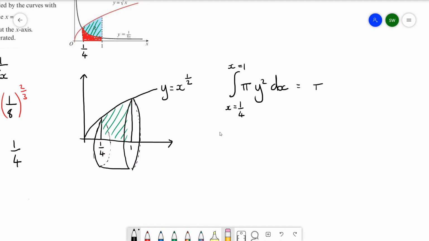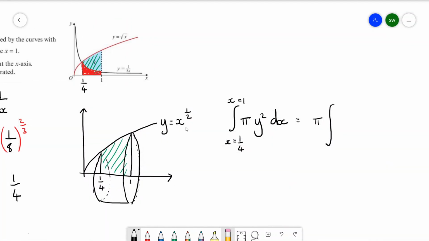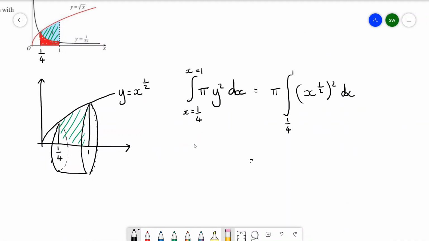So we can take the pi outside of the integral and sub in our y value. It's really important that you use the correct y function because the edge of our region that we want to rotate is this function here, root x. We're going to use that one. So y squared is going to be x to the power of a half squared dx, and we're going from a quarter up to 1. So if we work that out, we're going to have pi integral of x dx between a quarter and 1.